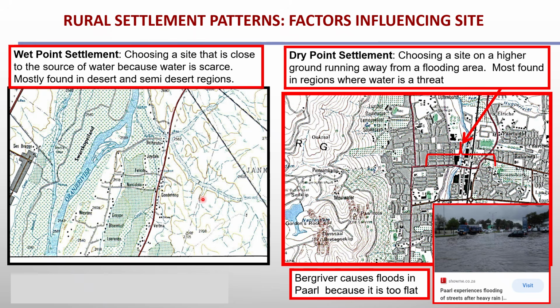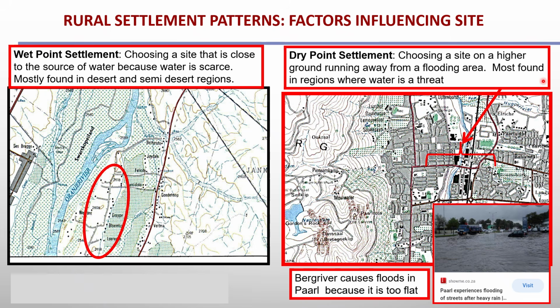If the area is dry, you will choose to settle next to a water source, like this orange river here. You will choose to be closer to it because water is scarce. It means that at that particular point there is water, so it's a wet point settlement. That particular point has water, but everywhere else water is scarce.